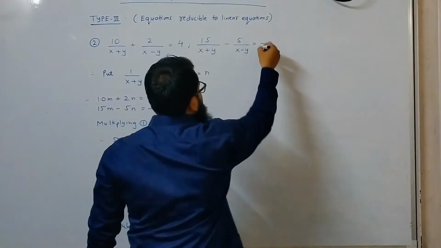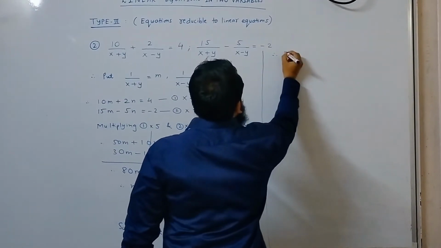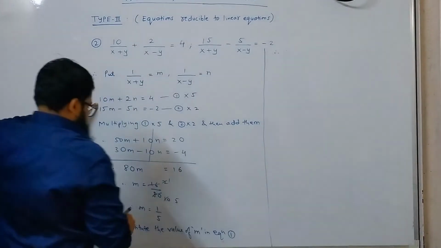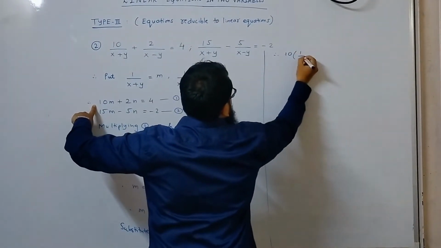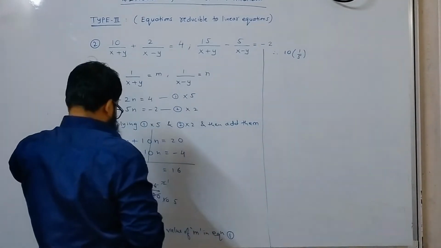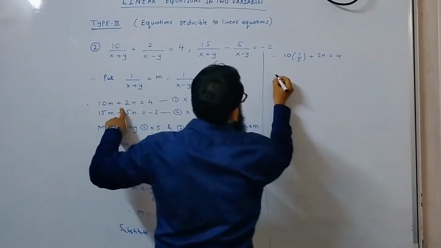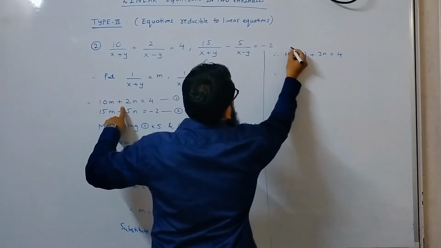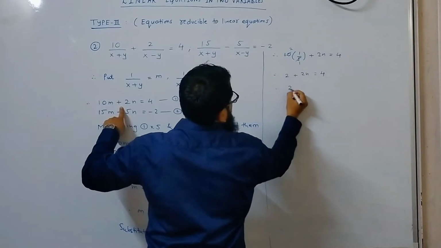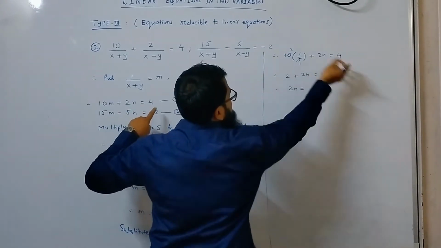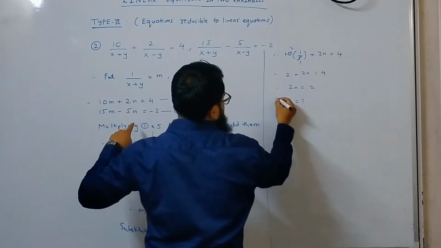Therefore, substituting m here, 10 times 1 by 5 plus 2n is equal to 4. Therefore, 5 twos are 10, so 2 plus 2n equals 4. Therefore, 2n will become 4 minus 2, which is 2. Therefore, n becomes 2 by 2, which is 1.